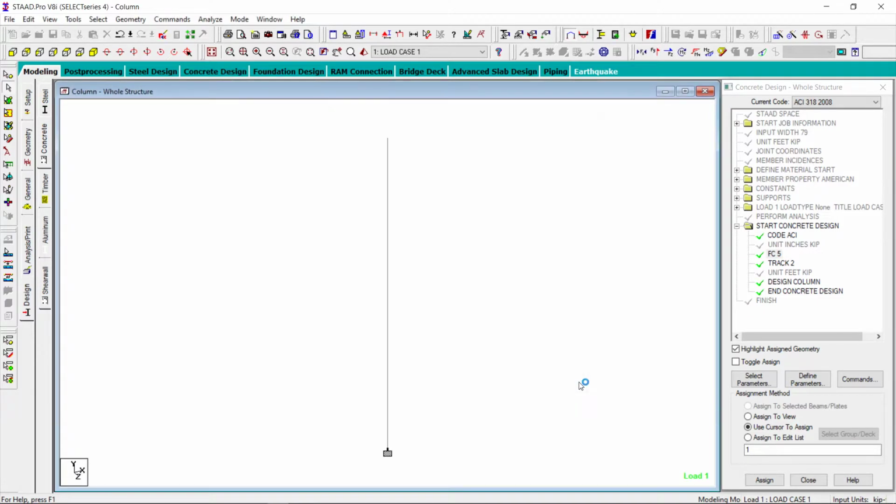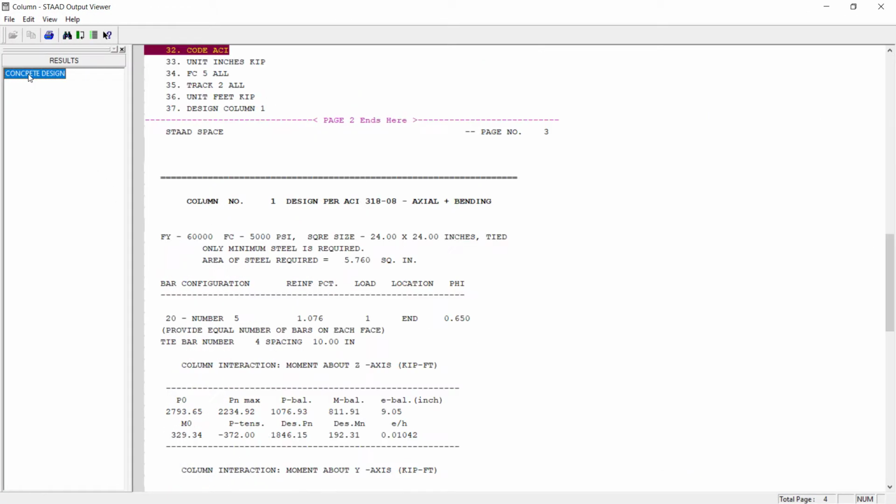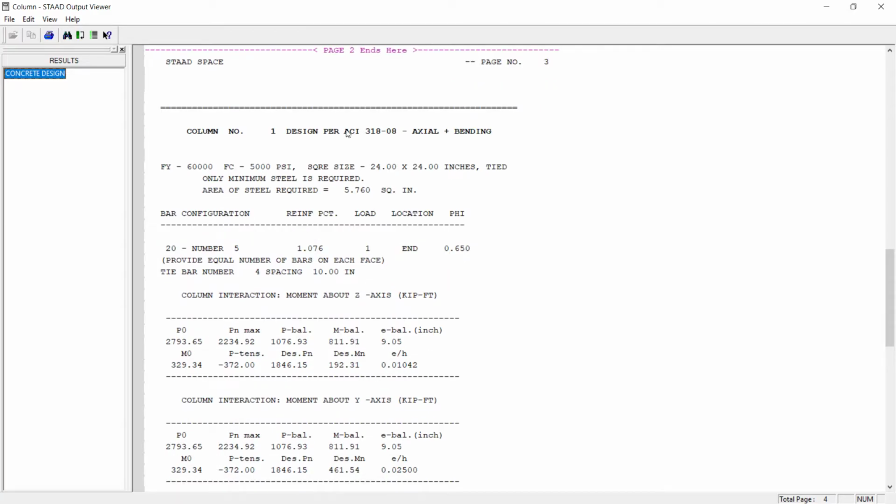Let's see the output. Concrete design, only one member. This column is designed for axial and bending. Fy 60,000, F'c 5000 psi. It is a square column, 24 by 24 inch. It is a tied one, and it says only minimum steel is required.